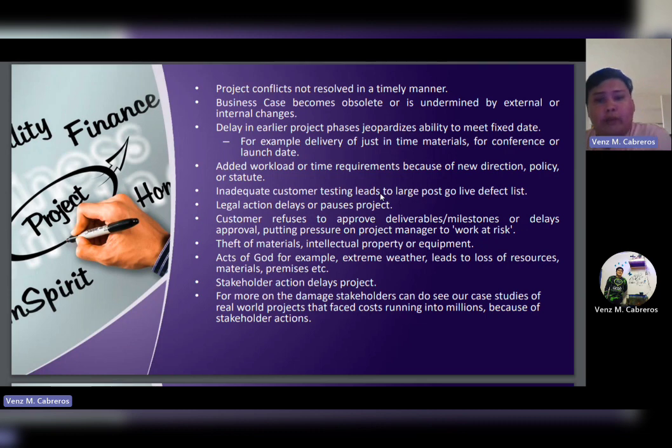Added workload or time requirements because of new direction, policy, or statute. So usually sa mga project manager or project member, imbes mahuman na on time yung trabaho, dapat ipadungag lang yung trabaho kay tungod kay nay bagong palisiya.